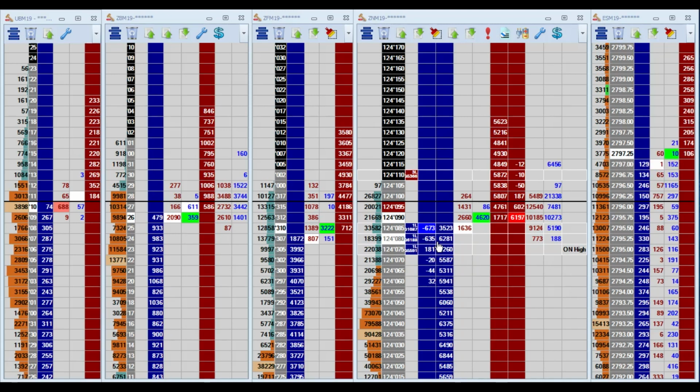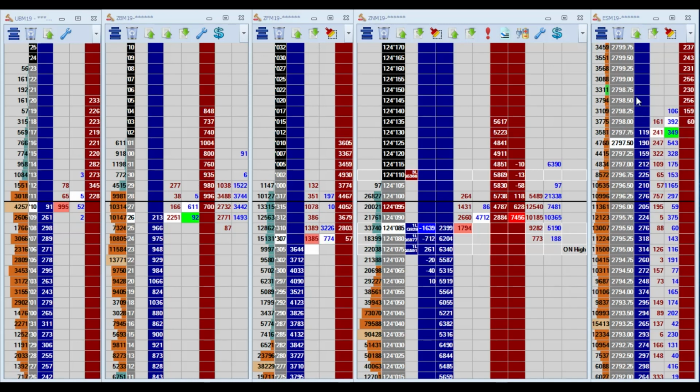So the E-mini is just keeping the pressure on these guys, holding the lid down. As long as the E-mini doesn't hit the lows again, we should be able to keep the selling pressure on these guys over here. Still only 1,000 in the queue over here.